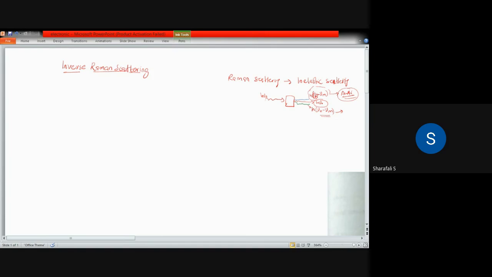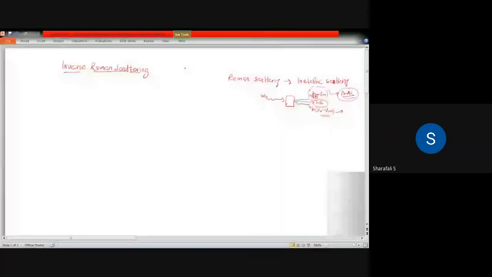And the third one is h times nu 0 minus nu m, which is the Stokes line, where the energy is given by the photon to the molecule, so the photon energy decreases by an amount h nu m, and the total energy will be h times nu 0 minus nu m. So this is the scenario of the Raman effect, or the inverse of this.